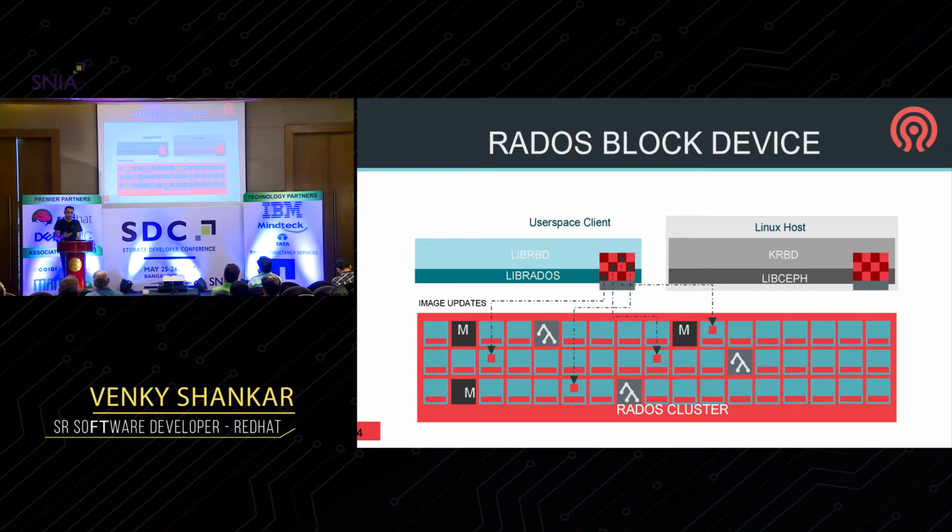What you see is just a block device, either in the form of a library, librbd, which is built on top of RADOS, or it's also available as a kernel module in the form of rbd.ko, which you can modprobe into your kernel and get things like /dev/rbd0, /dev/rbd1, map RBD images to your host, and access it like a typical block device. You can make a file system on top of it, put your standard Unix tools, and behind the scenes, it's just distributing all your data in the RADOS cluster.